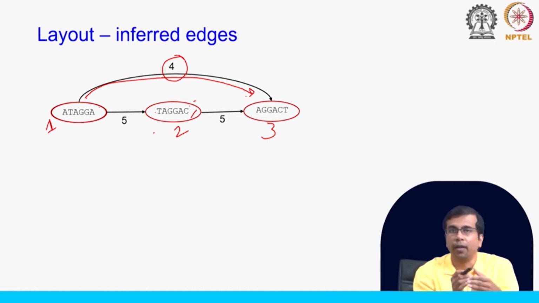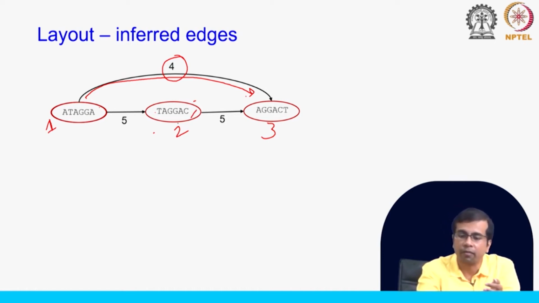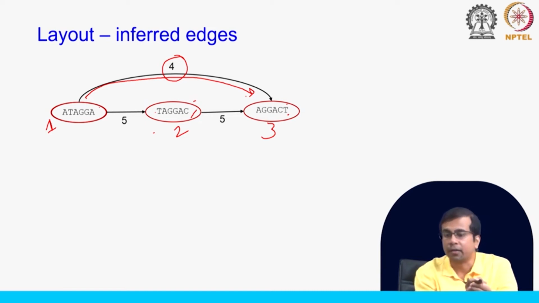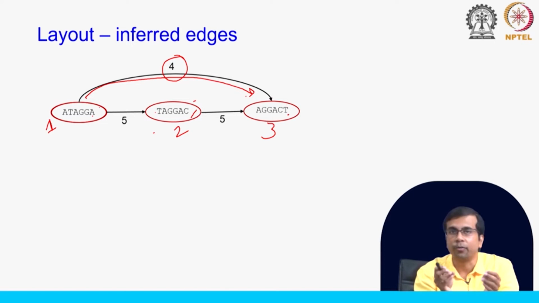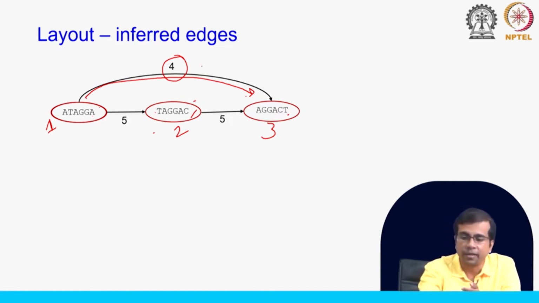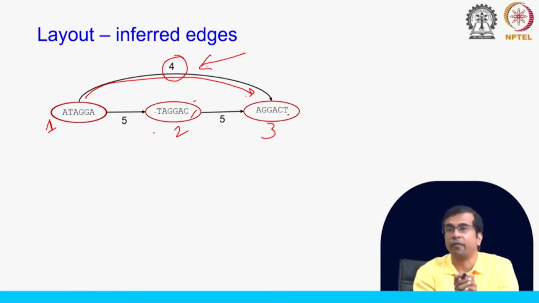So, if that is the case, then the suffix of node 2 will align 5 bases to the prefix of node 3. What it means is that if you align node 1 with node 3, you are going to see a 4 base overlap. This is something you can infer from the structure of the graph because of the constraints that we have imposed.